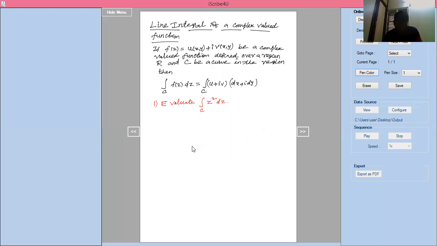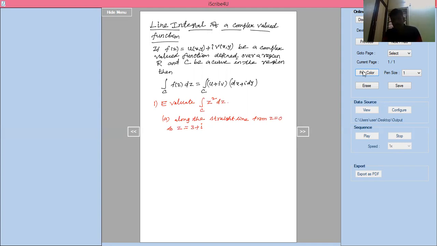First, it is along the straight line. Only one question I am giving here: along the straight line from z equal to 0 to z equal to 3 plus i.